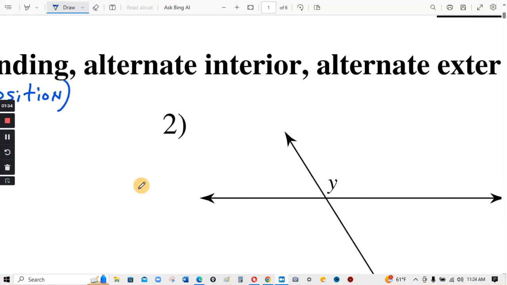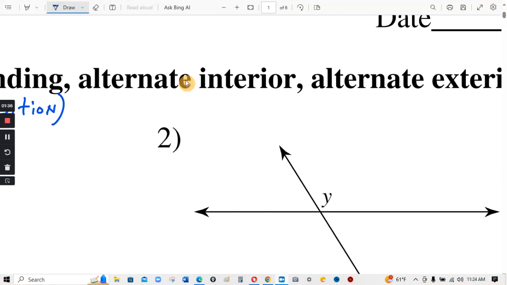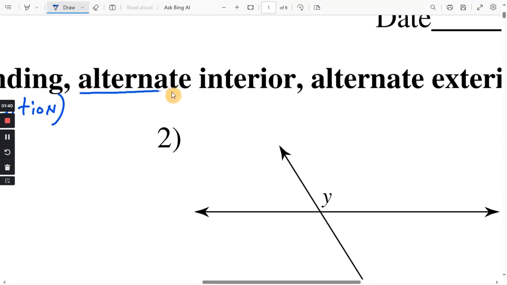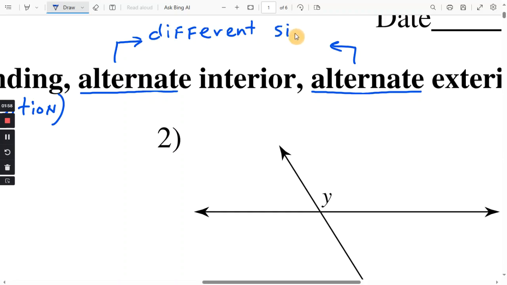All right, in the definition of alternate, for alternate, that's going to mean different sides of the transversal.